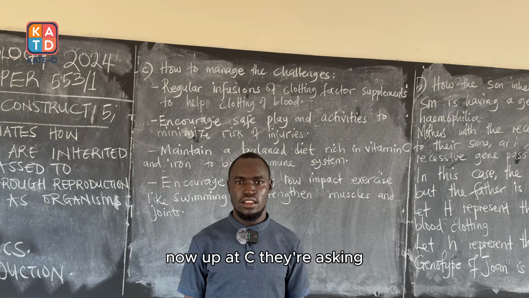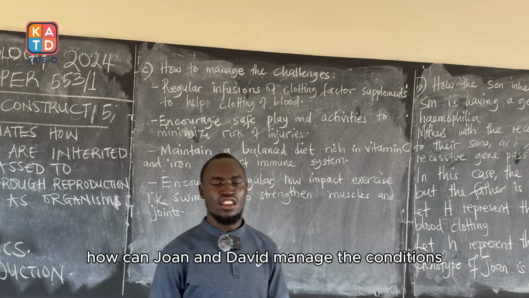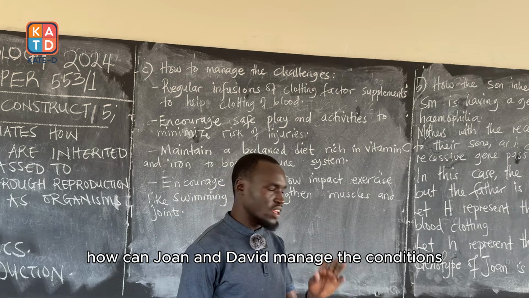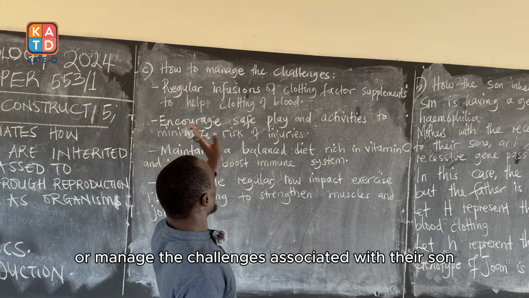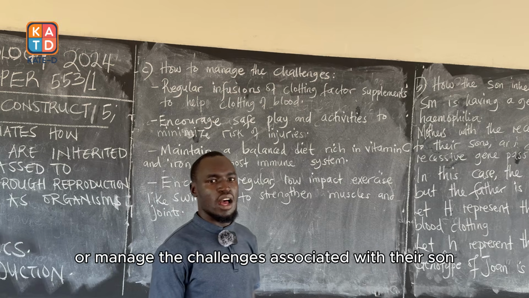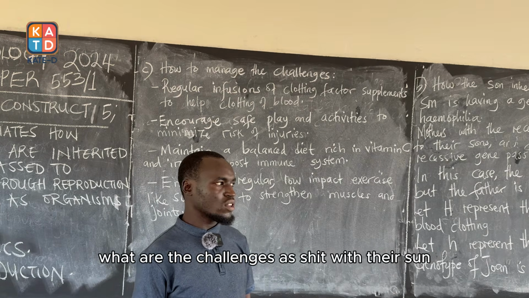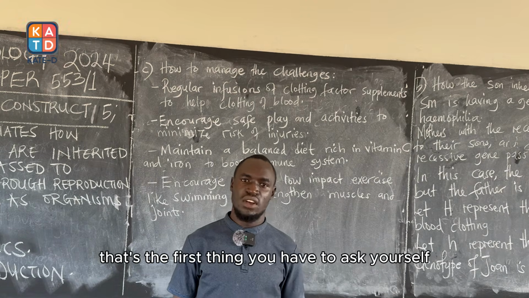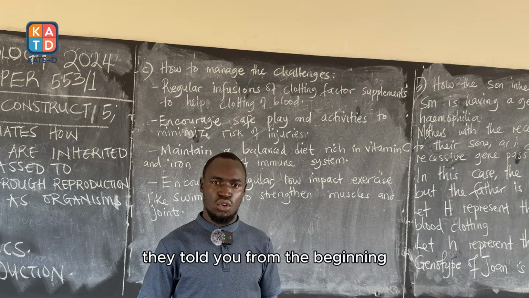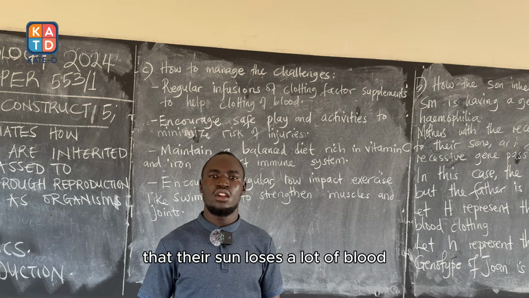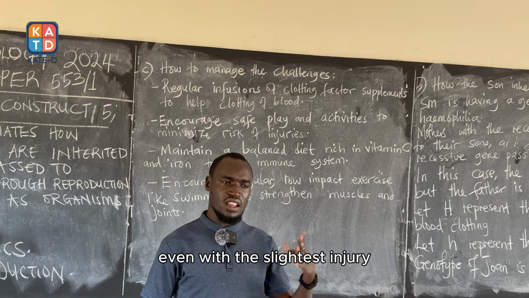Now, for part C, they are asking how Joan and David can manage the challenges associated with their son. What are the challenges associated with their son? That's the first thing you have to ask yourself. They told you from the beginning that their son loses a lot of blood even with the slightest injury.